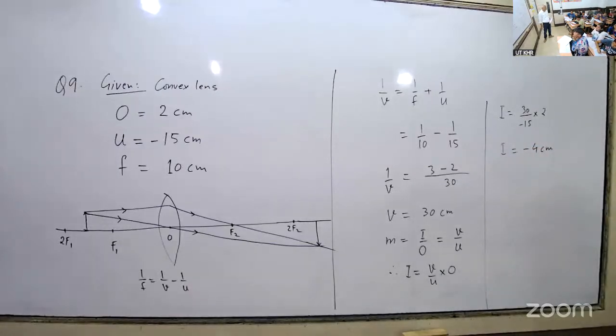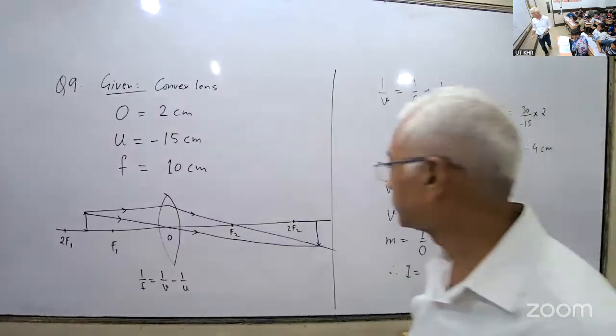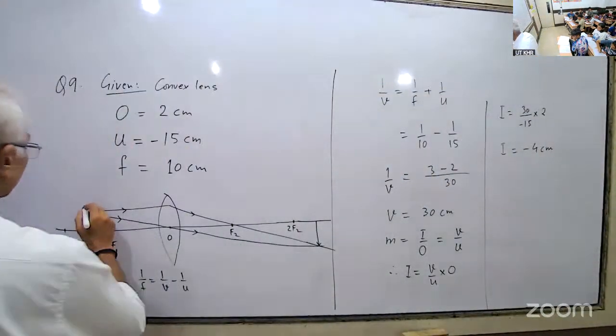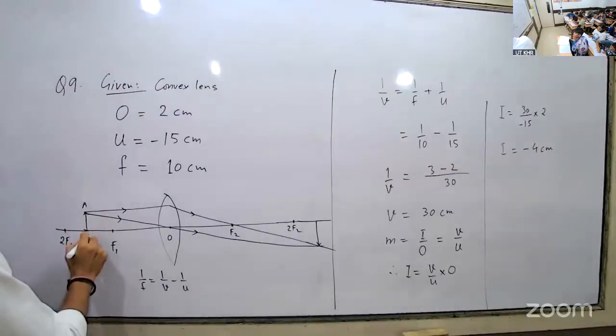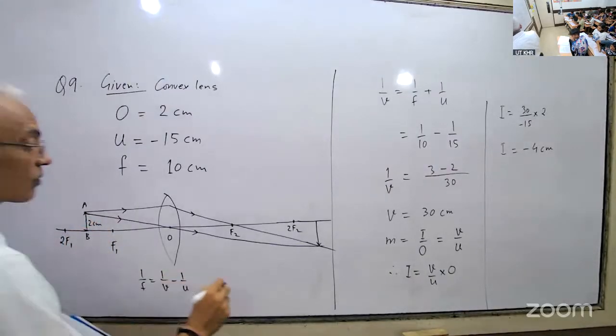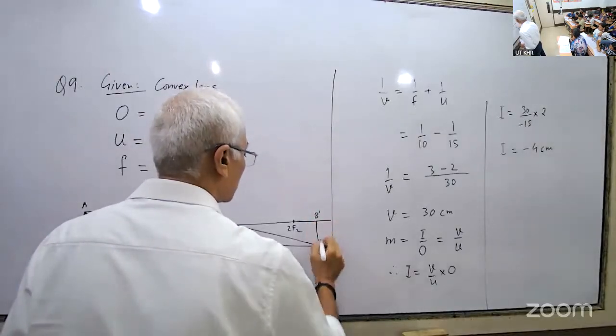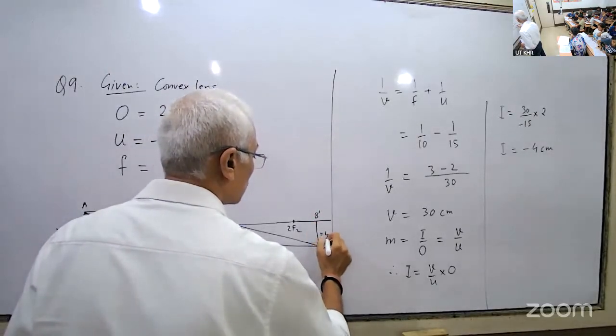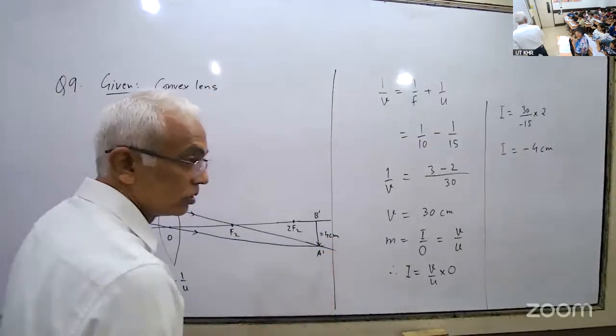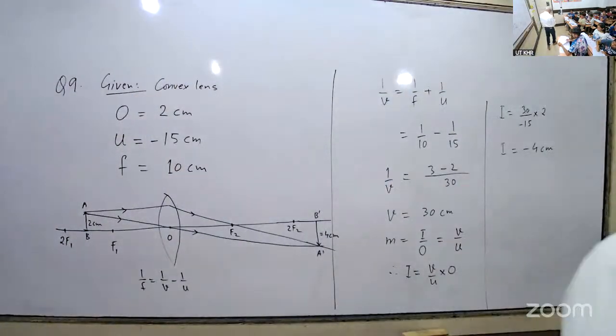So the image is minus 4 centimeters. So it will be inverted and the image will be double the object size. This is bigger. Okay, so it is 4 centimeters.